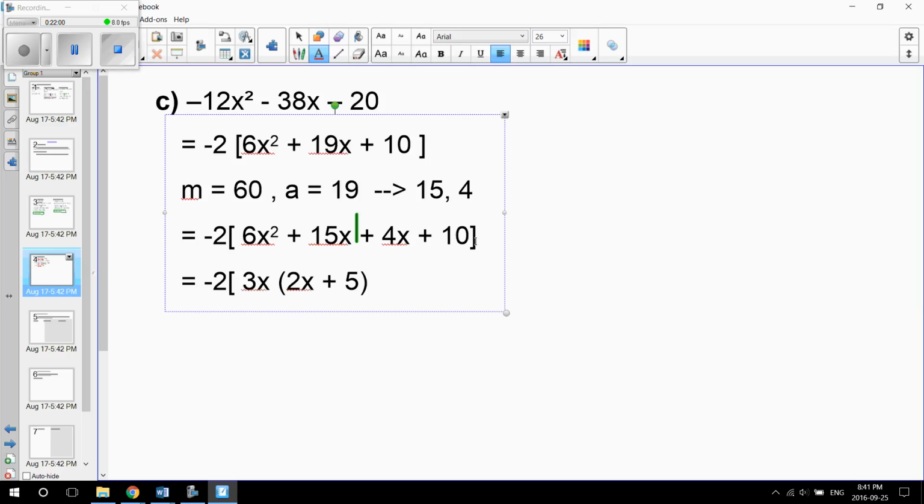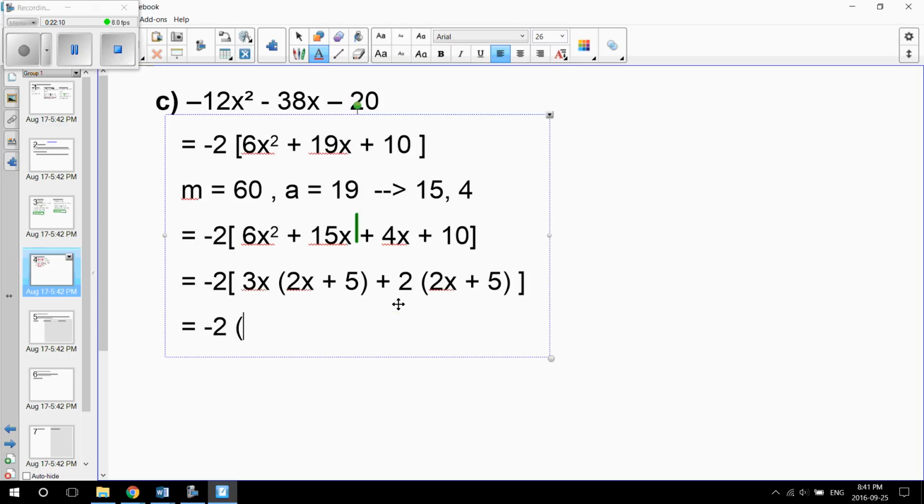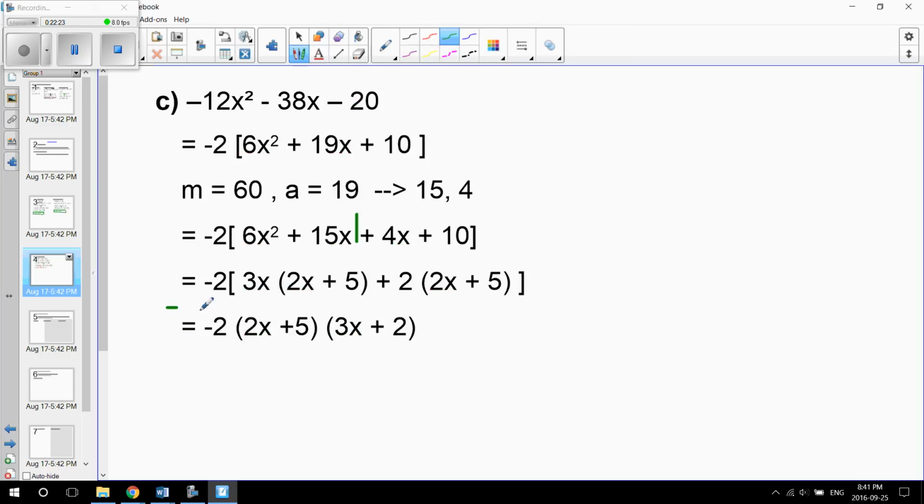Out of our second half here, we can factor out a positive 2, which leaves us with 2x plus 5. And then again, we just group our brackets together. So we have that 2x plus 5 that is now pulled out of each of those, and our second bracket is what's left over, that 3x plus 2. And there we have our final answer: common factors out front, and then we have our two brackets. Hopefully most of you were able to get to that correct answer when you tried it yourself.